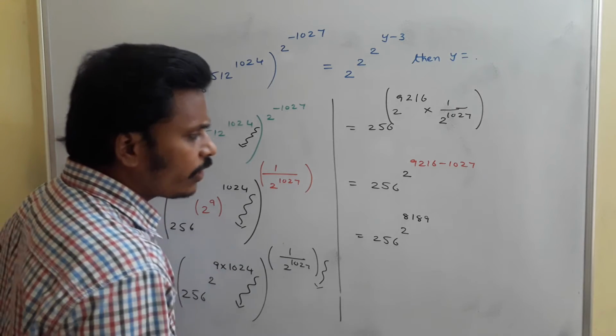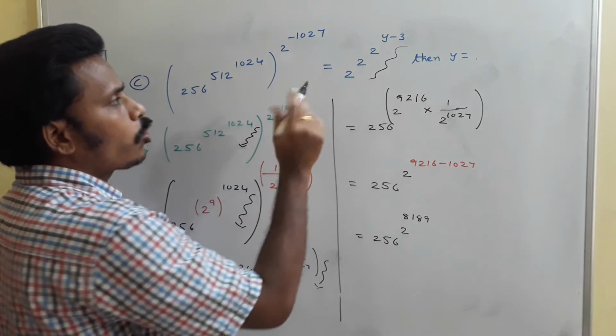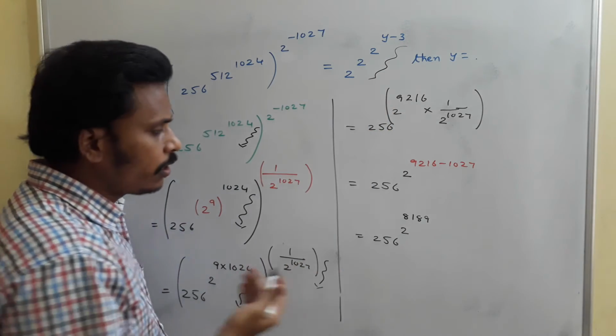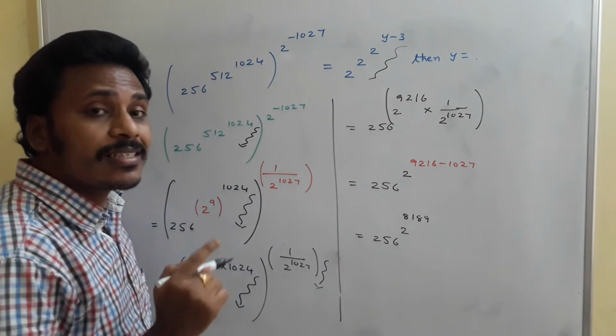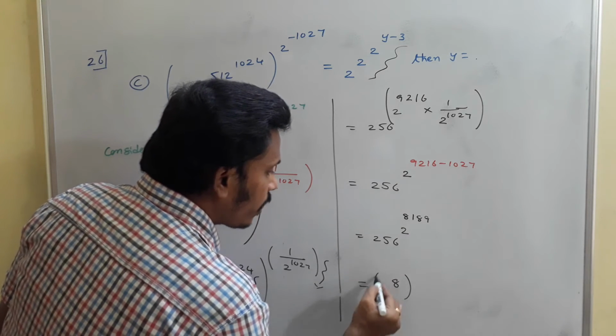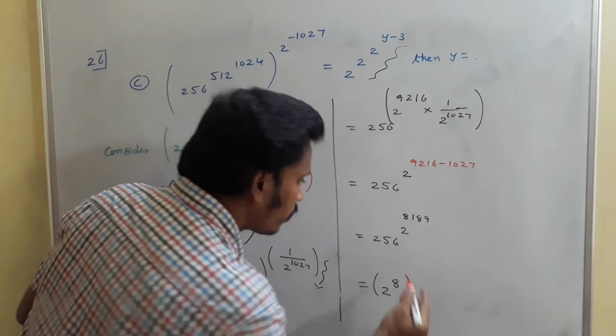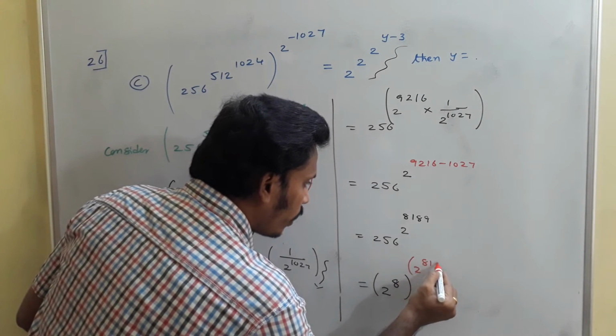Further we need to simplify. Our target is to write 2 power y minus 3. For that you rewrite this 256 as 2 power 8, to the power 2 power 8189.